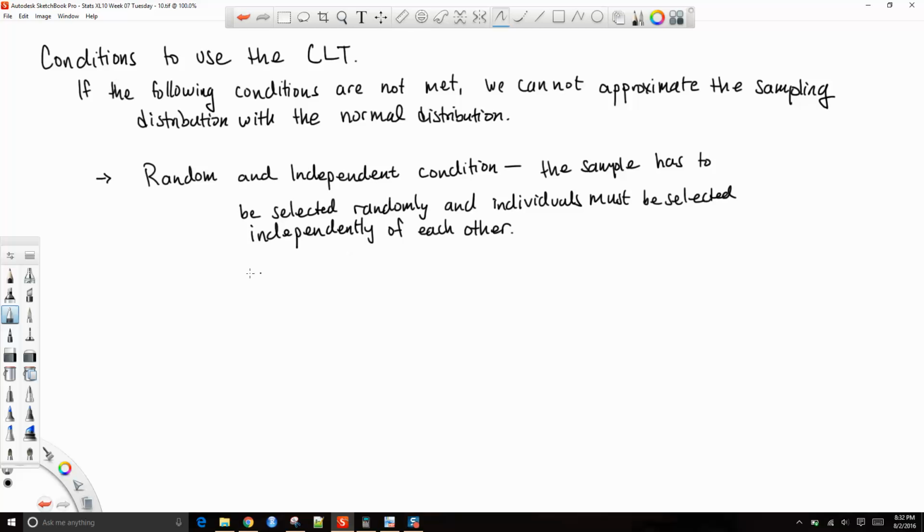Okay, from a practical level, basically if we know that the sample is selected randomly, then this condition will be met.